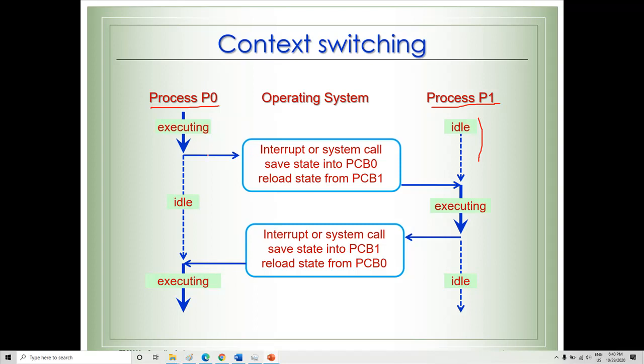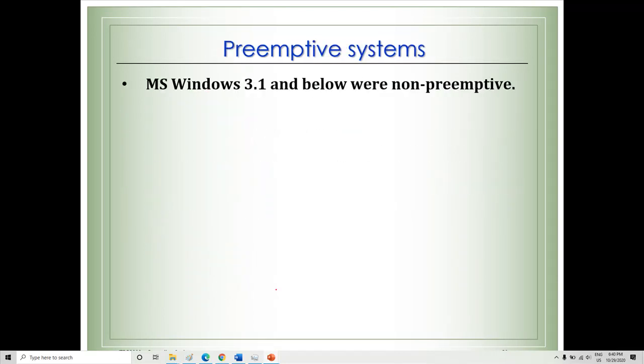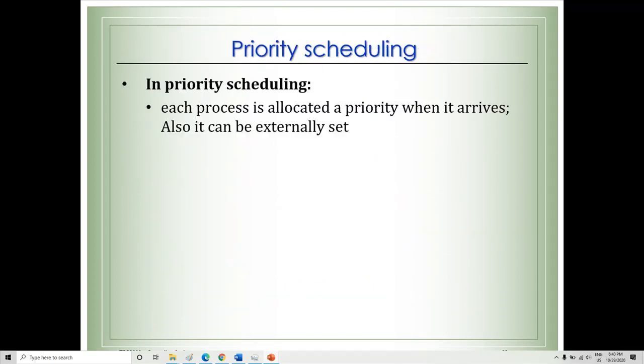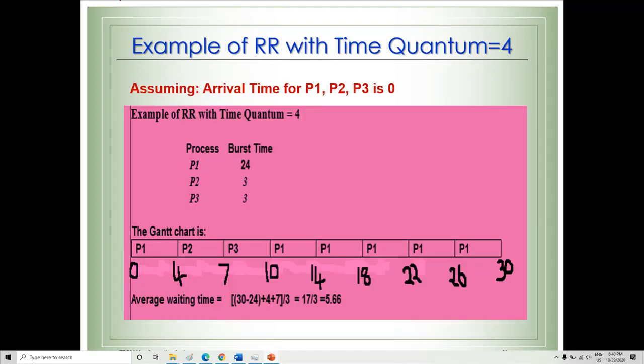Now the execution of process 0 is temporarily halted by some interrupt or system call. You can ask one question: why is process 0 not running continuously? One example we will discuss shortly makes this easy to understand.